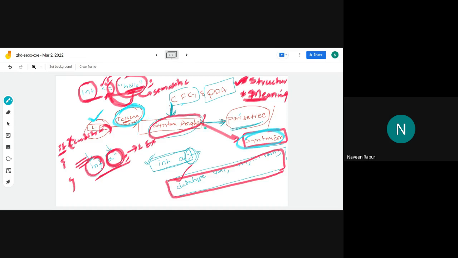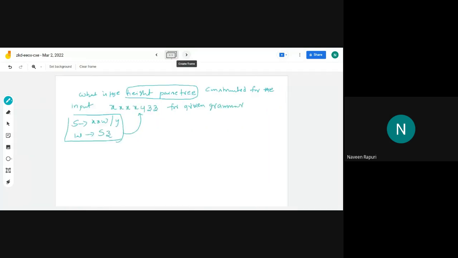Parse tree is the output of the syntax analyzer. How are we deriving the parse tree? With the help of context-free grammar. With the help of context-free grammar, we are producing the parse tree. That's why the given question asks the height of the parse tree. Here the context-free grammar is given and a string is given, and we need to construct the parse tree for this.